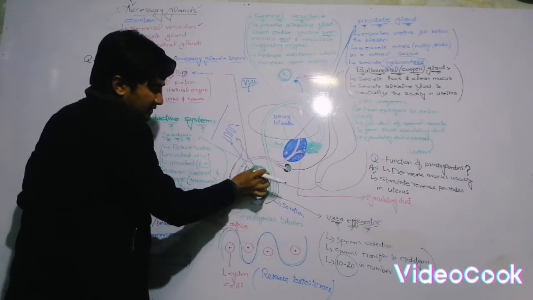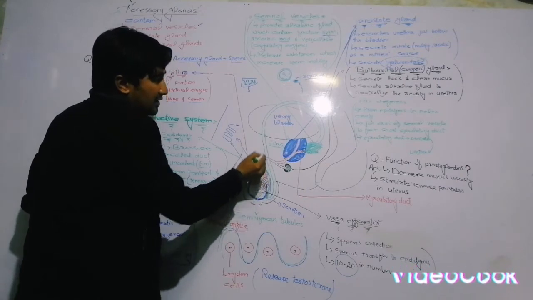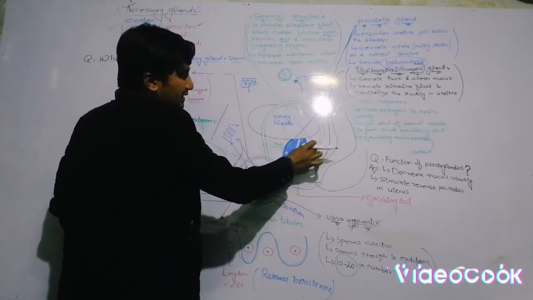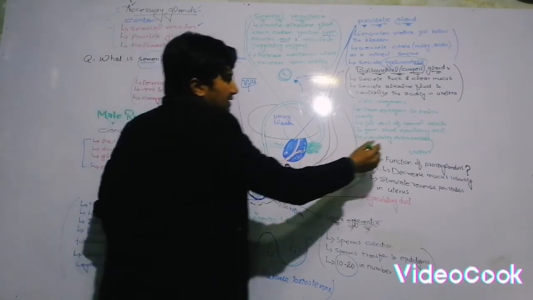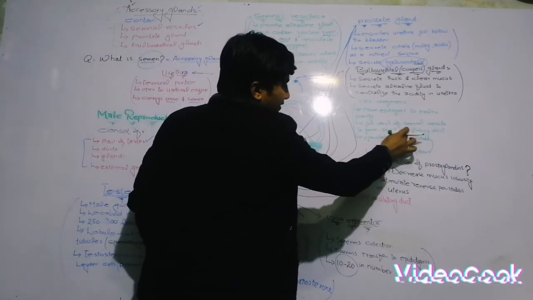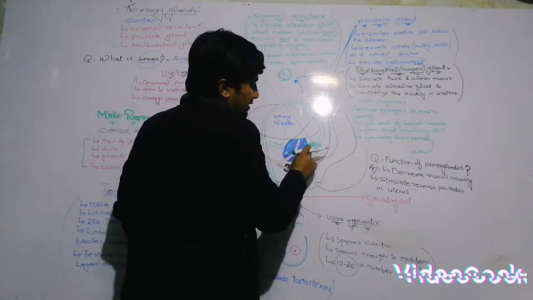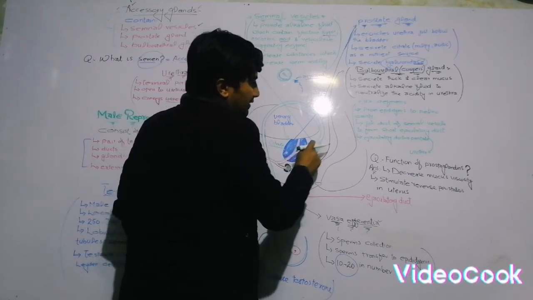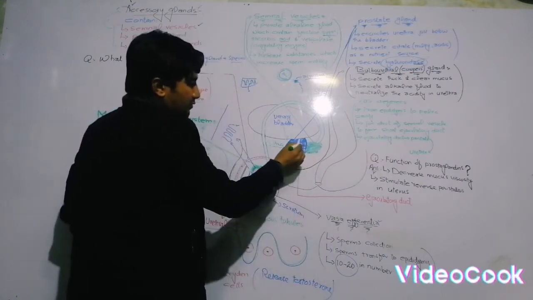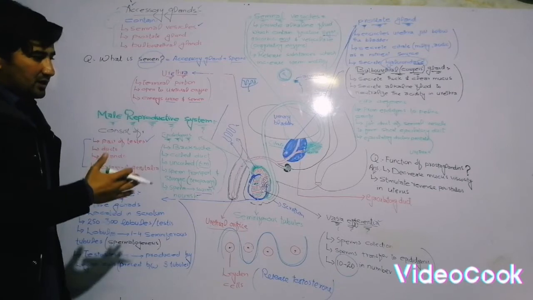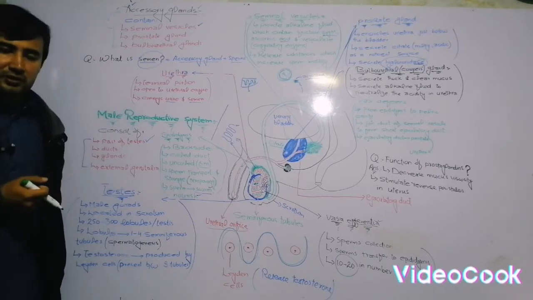It starts from the epididymis, and at the end it comes to the ejaculatory duct. But before the ejaculatory duct, it comes to the seminal vesicle, then to the prostate, and then the urethra. So this was all about the male reproductive system.